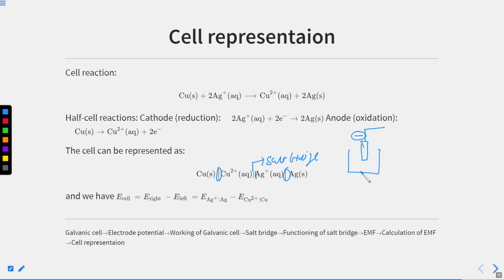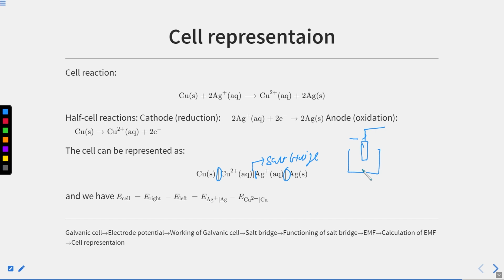Sorry for the confusion: the anode has a negative potential and the cathode has a positive potential, whereas the anode has positive charge and the cathode has negative charge. Is it clear? So this positive sign is for the potential representation and not the charge representation.